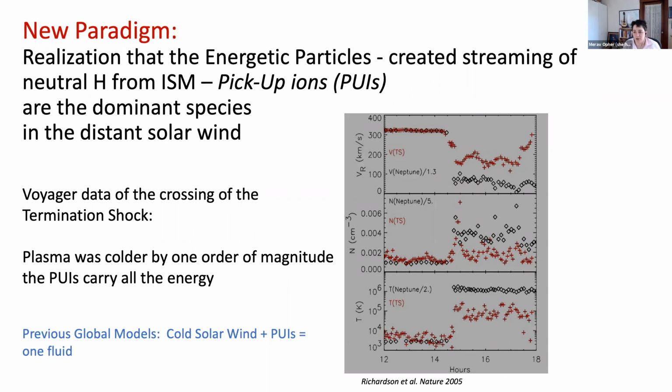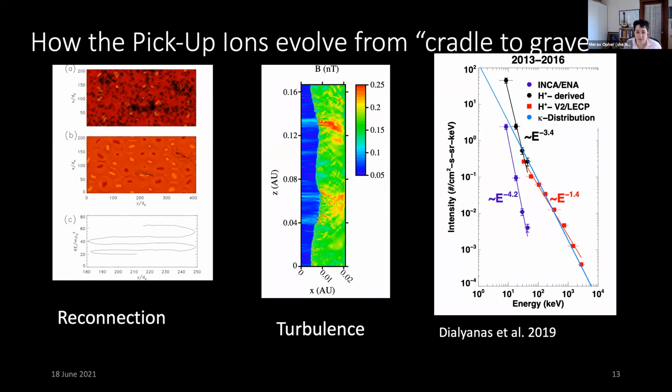I wanted to mention the fact that we're trying to understand the pickup ions and how they evolve. And I talked about the heliosheath being thin. It also means that there might be effects that we're not including in the global models. And some of them can be related to reconnection, turbulence, or acceleration of particles.